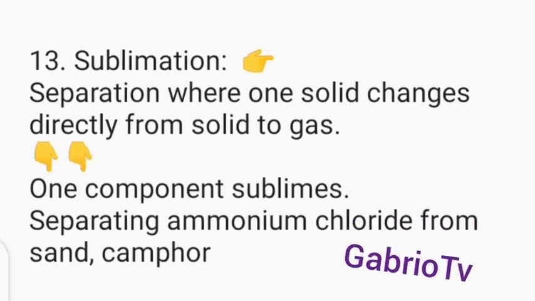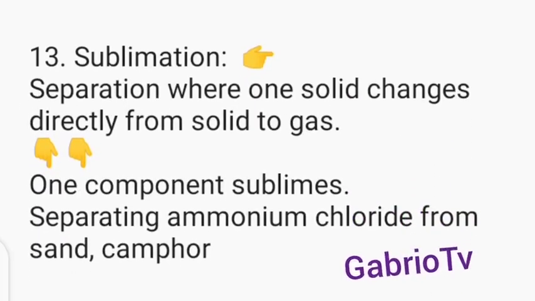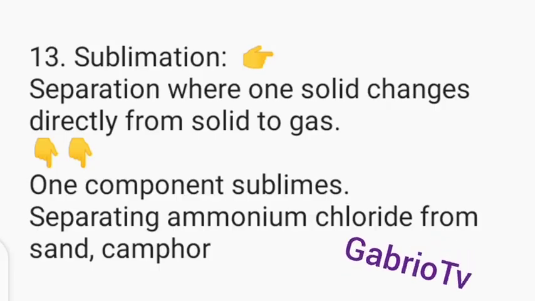Then what about sublimation? Sublimation is a method where a solid changes directly from solid to gas without passing through a liquid state. It is very common for a solid to change to gas through a liquid state, but sublimation is when a solid changes directly to gas without passing through a liquid state. A very good example is separating ammonium chloride from sand, then camphor.